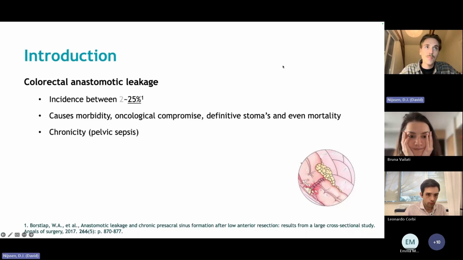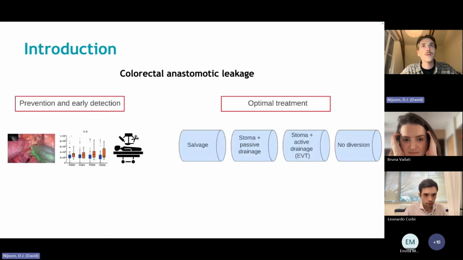Another important topic is anastomotic leaks that are detected late or that lead to persisting anastomotic leakage, in which case we talk about pelvic sepsis, which is another extremely challenging surgical situation, which also imposes a lot of costs.